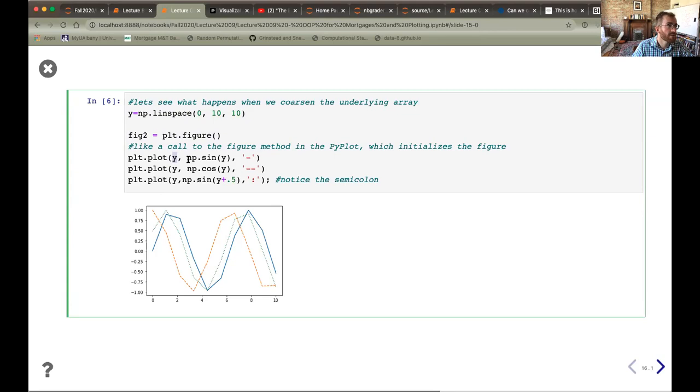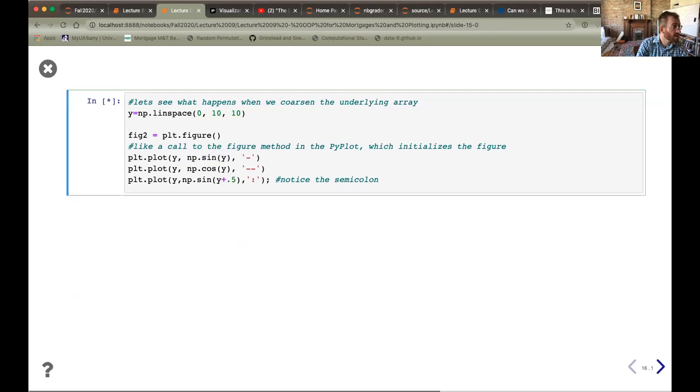Now, for each entry in that array, in this case y, which is just a linearly separated sequence of decimals from 0 to 10 in steps of size 1, I'm going to take the sine of that value. And just to make the plot different, I'm going to use my original solid line, my dashed line, and then here I'm going to use my dotted line, which is indicated using this little quotation marks and then the semicolon.